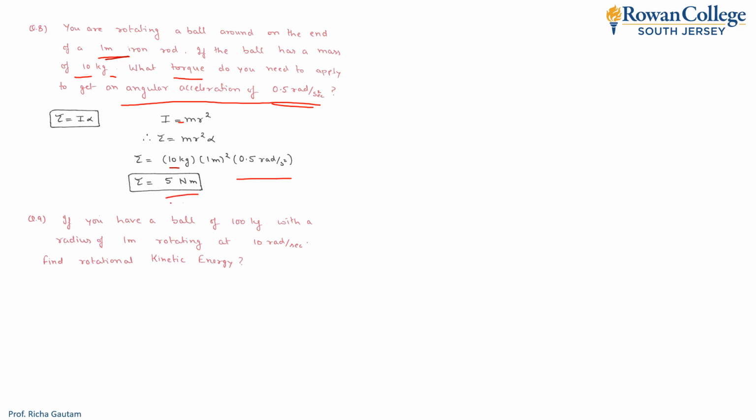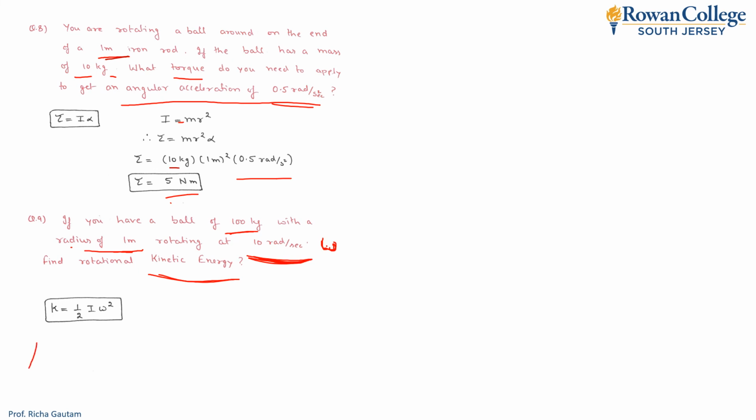Next question is, if you have a ball of 100 kilograms with a radius of 1 meter rotating at 10 radians per second, find the rotational kinetic energy. What is given to you? You have the mass, you have the distance, and you have this rotating at 10 radians per second. Radians per second means you have omega, the angular velocity. The equation for rotational kinetic energy is half I omega square.